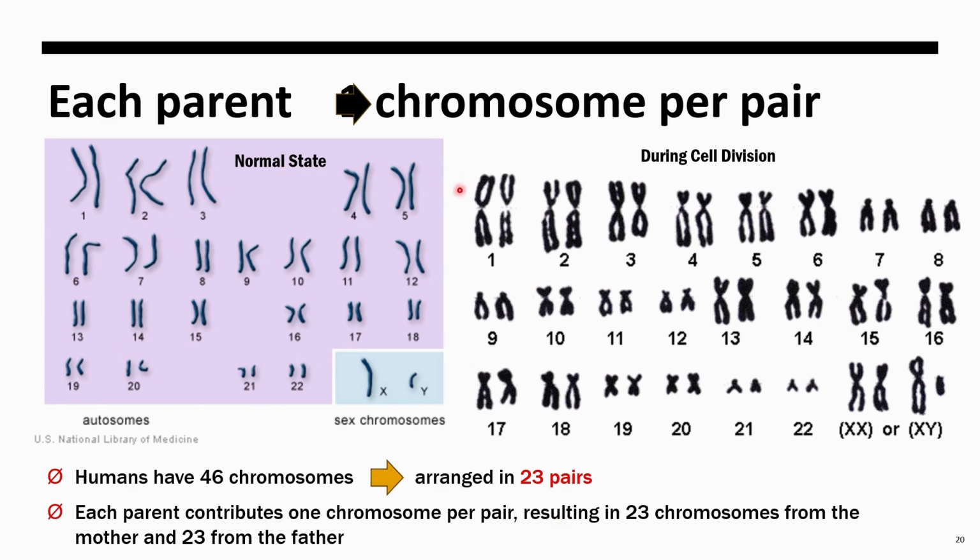The 23rd pair is known as the sex chromosome. That is the chromosome that determines whether you are a girl or a boy. If you are a girl, this chromosome will be X and X. If you are a boy, this chromosome will be X and Y. The other chromosomes are known as autosomes.